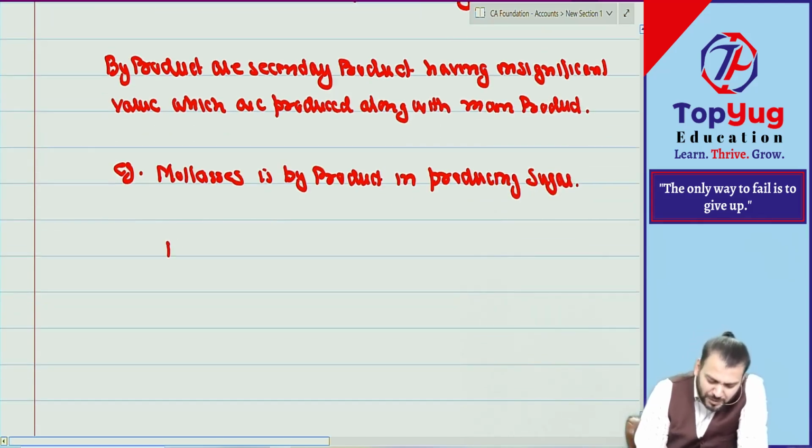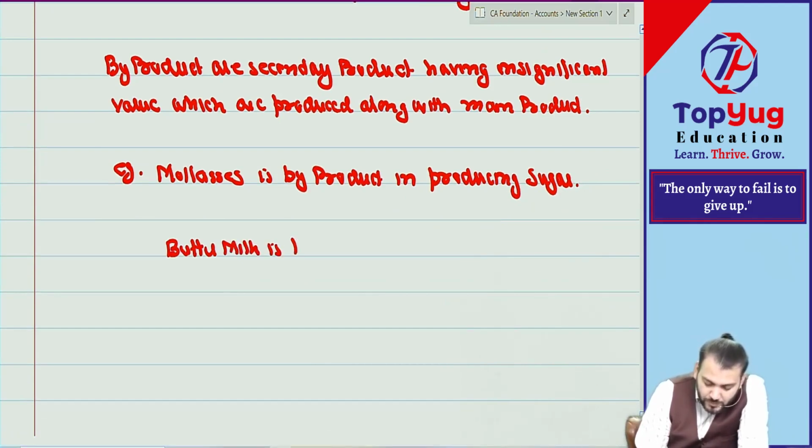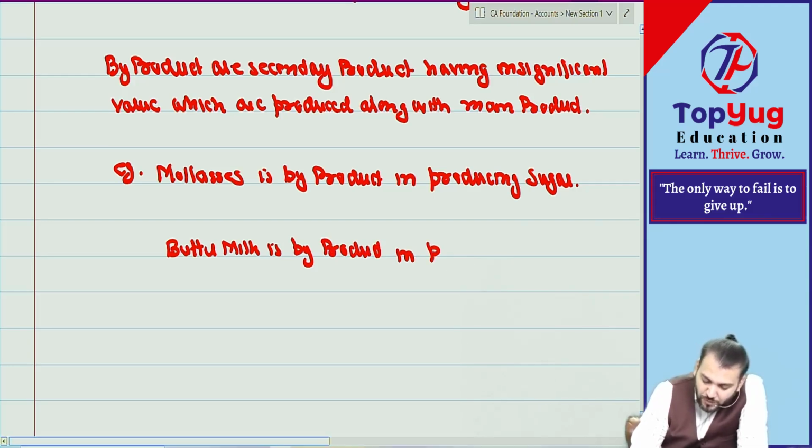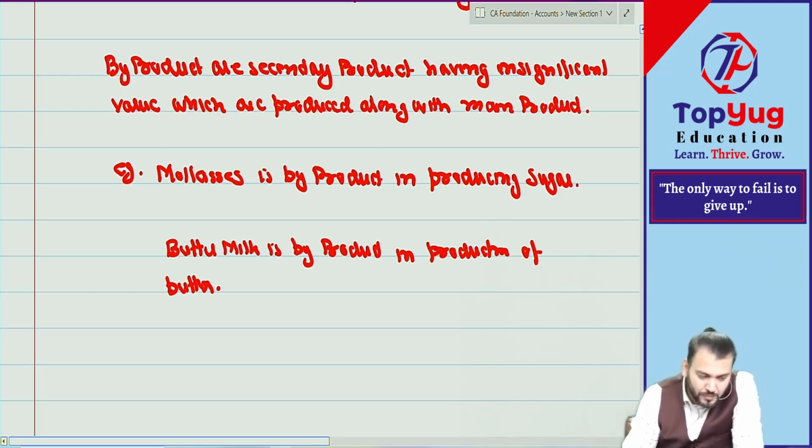Second example, buttermilk I have given. Buttermilk is a byproduct in production of butter, cheese or ghee. Correct?